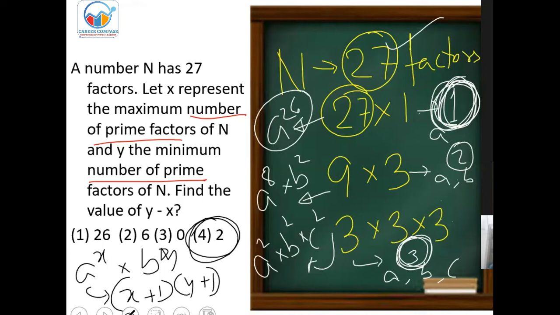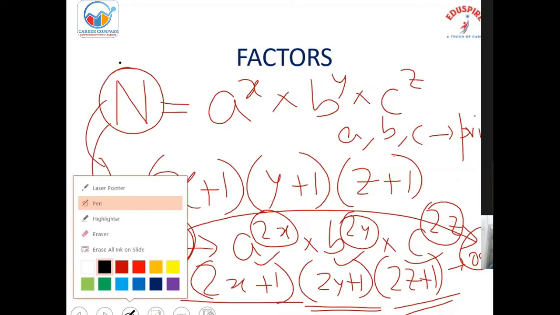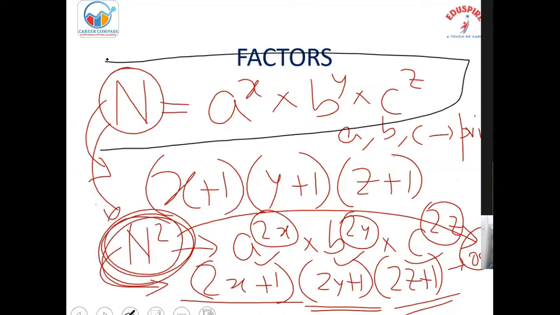See, I am talking about a fundamental where the number of factors of an expression is given by x plus 1 into y plus 1 into z plus 1. That gives you the number of factors, right? Now, what is the question here?